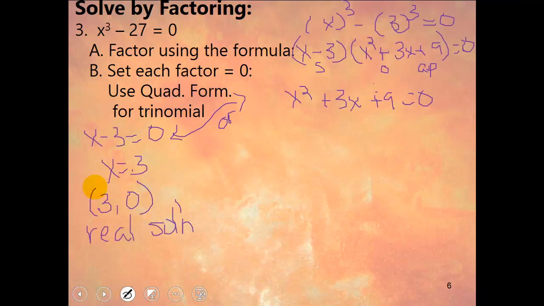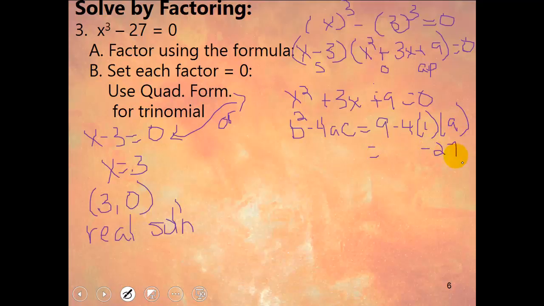Okay. For the trinomial, you have to use the quadratic formula. It's not factorable, okay? So we're going to use the quadratic formula. The first thing we're going to do is calculate b squared minus 4ac, and that's going to give me 9 minus 4 times 1 times 9, and this equals negative 27, all right?